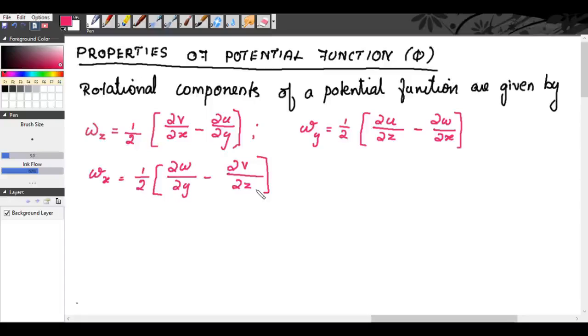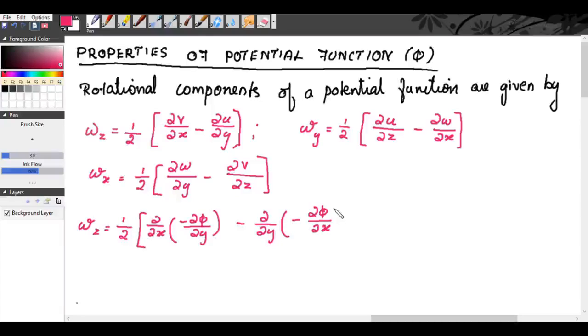Okay, now we will substitute the value of u, v and w in terms of pi, that is velocity potential. So what we get is omega z is equal to half of dou by dou x of v, which is minus dou pi by dou y, minus dou by dou y of u, which is minus dou pi by dou x.